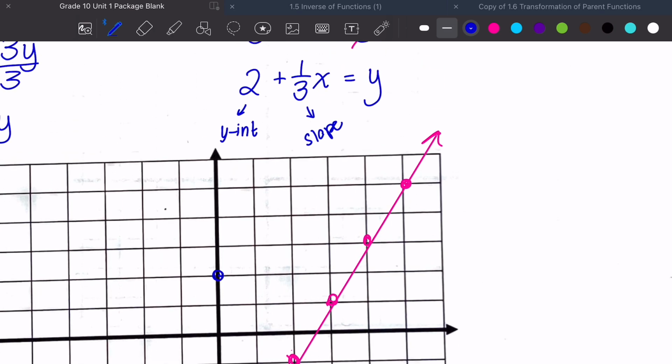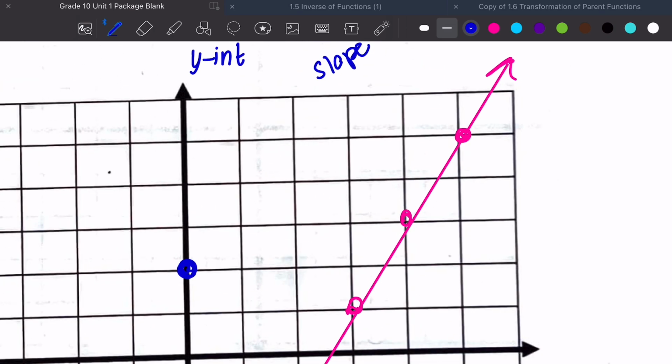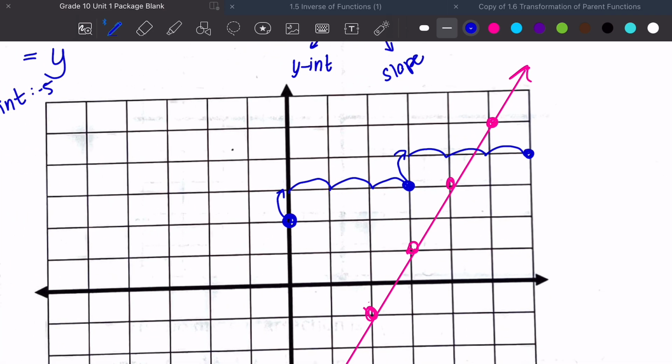Starting at 2. So up 1, since your rise is 1, and then you're gonna go to the right 3. And then same thing, up 1, and then over to the right 3. So we'll start here. And once you reach that side, you can just go backwards for the pattern to extend it. And then that's more than enough for us to connect.